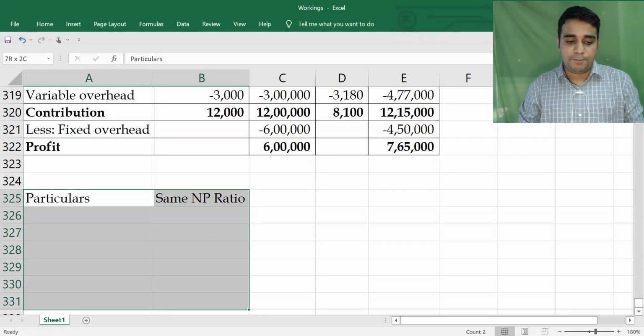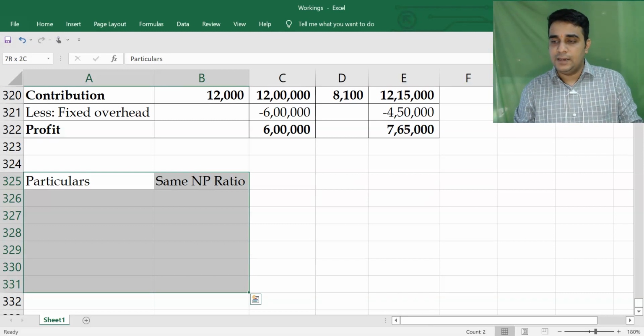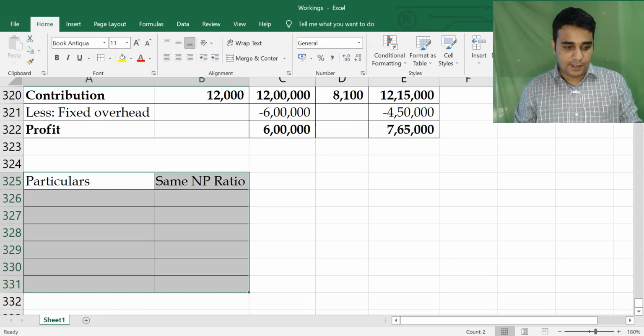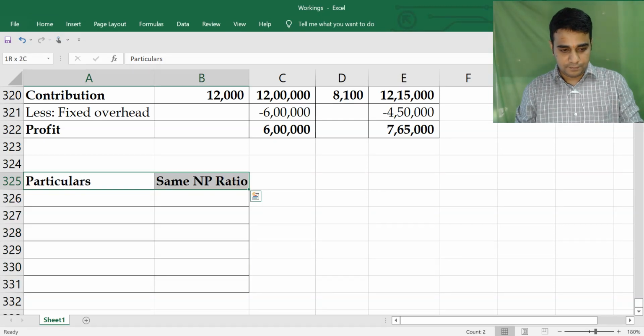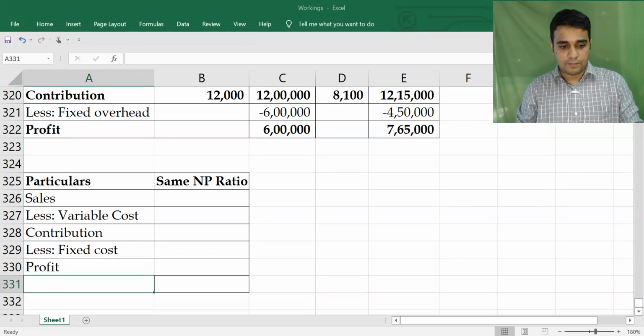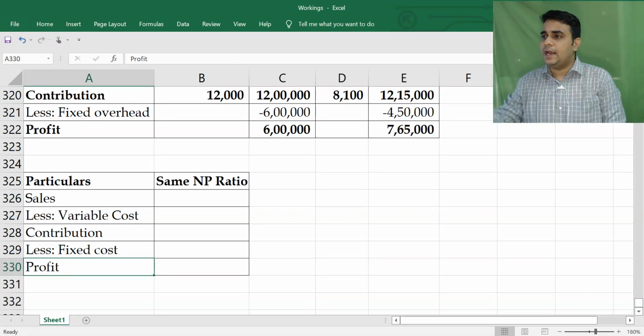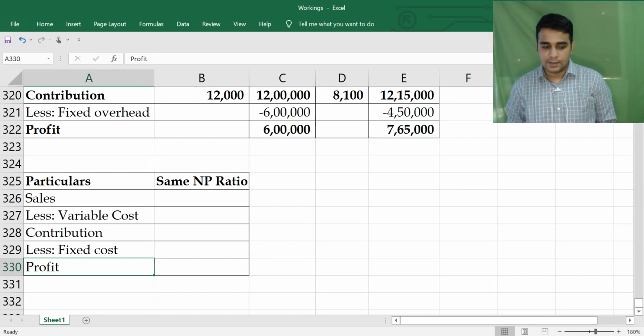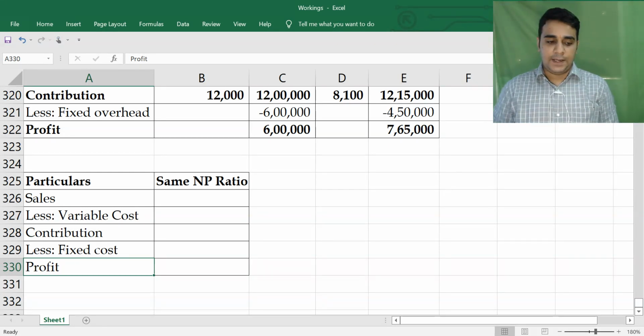First I'll do the same net profit ratio, then same net profit, and then finally there is something on the selling price side.